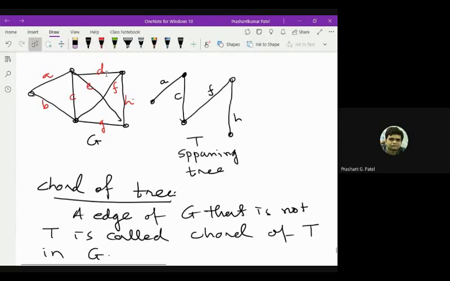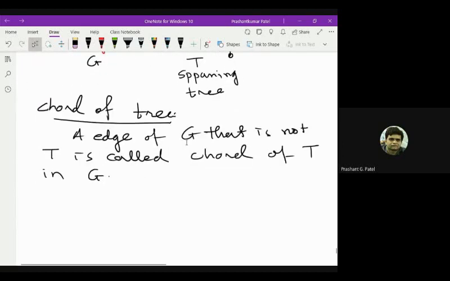So I can say D is a chord of the tree. Here, for example, G is a chord of a tree in G.